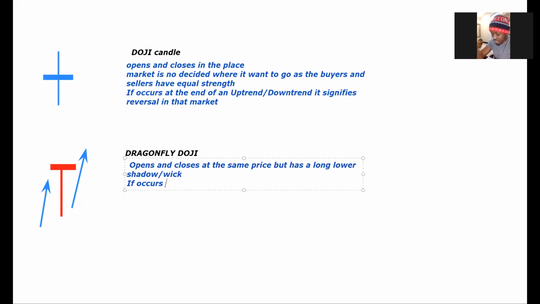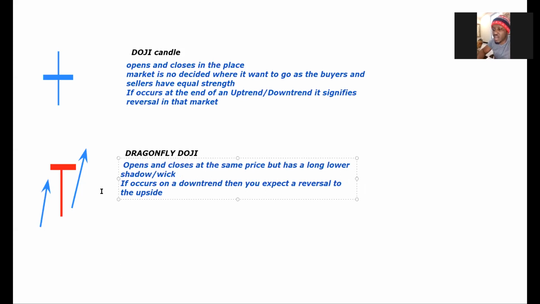So if it occurs, then you expect a reversal. You are expecting a reversal to the upside when you see this candlestick occurring. It's trying to push price back up. So that's what you will be expecting when you see it.